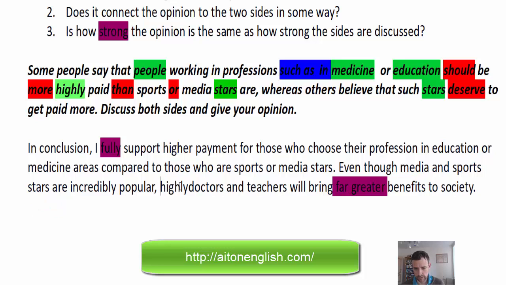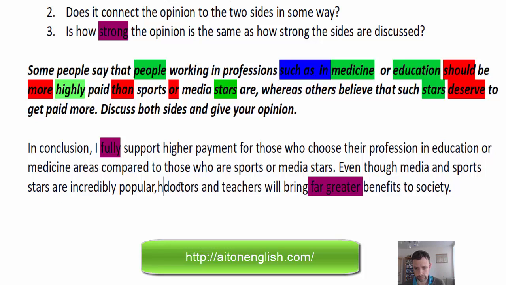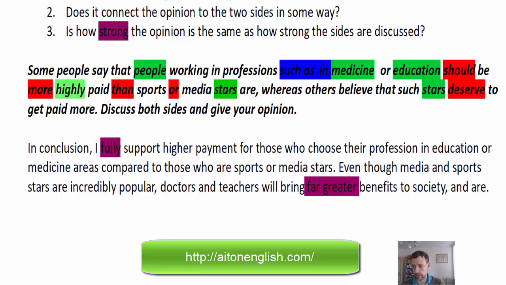Yeah. Something like doctors and teachers will bring far greater benefits to society and are therefore deserving of higher pay than the stars, just to emphasize that.